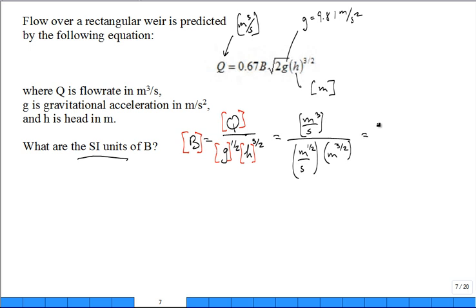And then this is going to be meters cubed over S. I'll pick up the S from below, and then I'll have meters to the 4/2, squared. They cancel. Oh, it looks like it boils down to just meters. Good. So there you go. SI units of B are just meters.